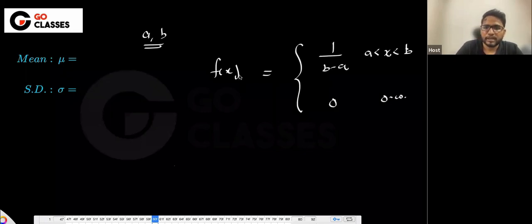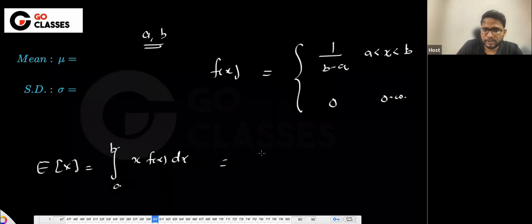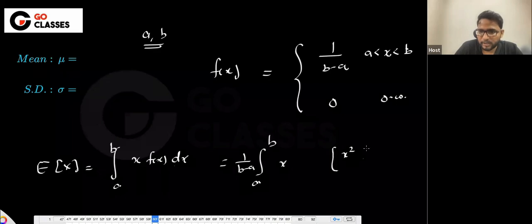Otherwise, this. Okay. Expectation of X is the integral of x f(x) dx, and in this case it is from A to B, 1 upon B minus A times x, which is x square by 2 from A to B, and then 1 upon B minus A. If you calculate it, it will be B square minus A square upon B minus A, with the 2 remaining.